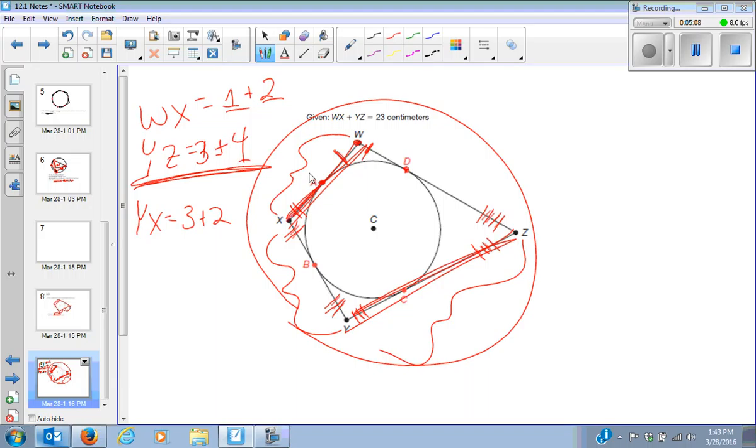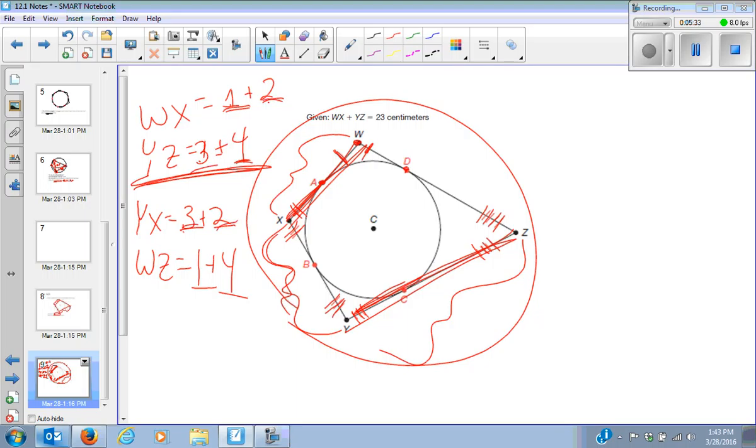Those lengths, whatever they are, are unknowns, but I know that I have a 1 tick mark, a 2 tick mark, a 3 tick mark, and a 4 tick mark. So far, if I add this side in, I get another 3, another 2. When I add WZ in, I get a 1 and a 4 tick mark. Notice I have two 1s, two 4s, two 2s, and two 3s.